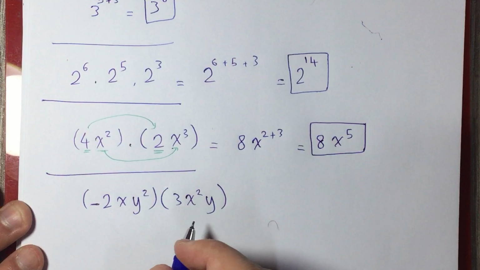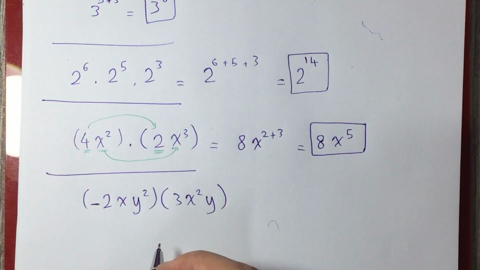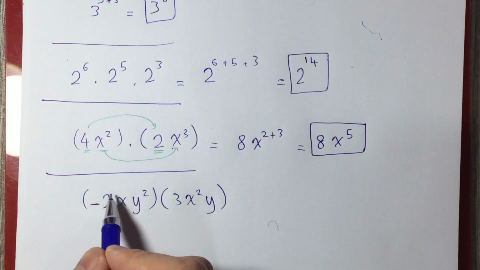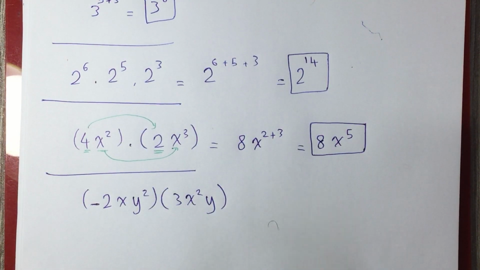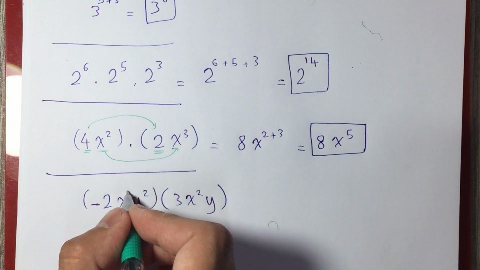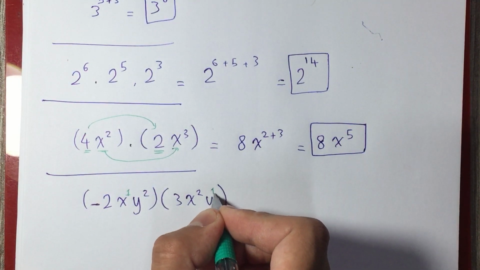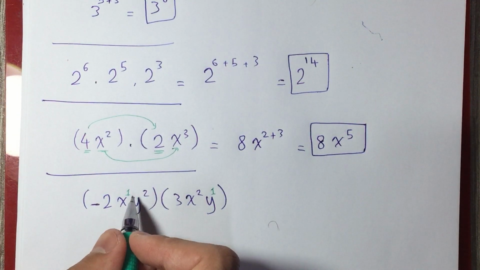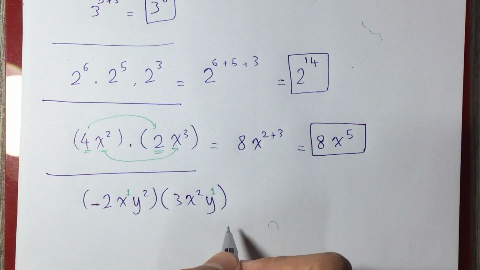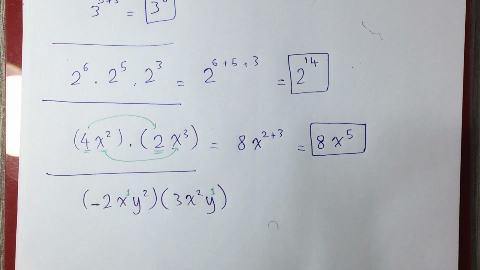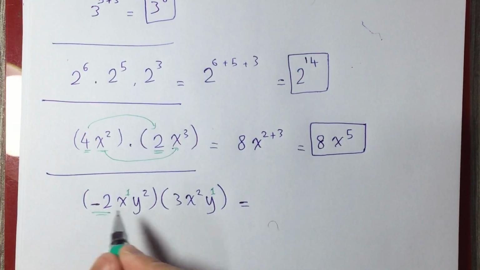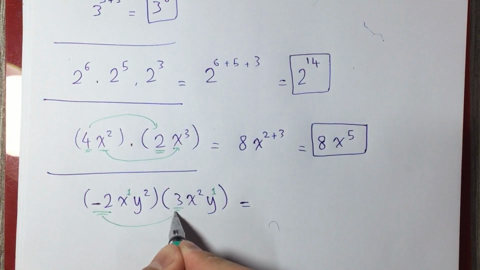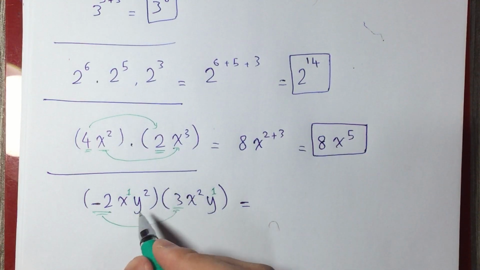So we have the rule that if we have a variable or a number without any exponent above it, we can simply conclude that this exponent will be 1. So it is x to the 1st power and this is y to the 1st power. So now how can we calculate this? Simply numbers with numbers and variables with the similar variables.